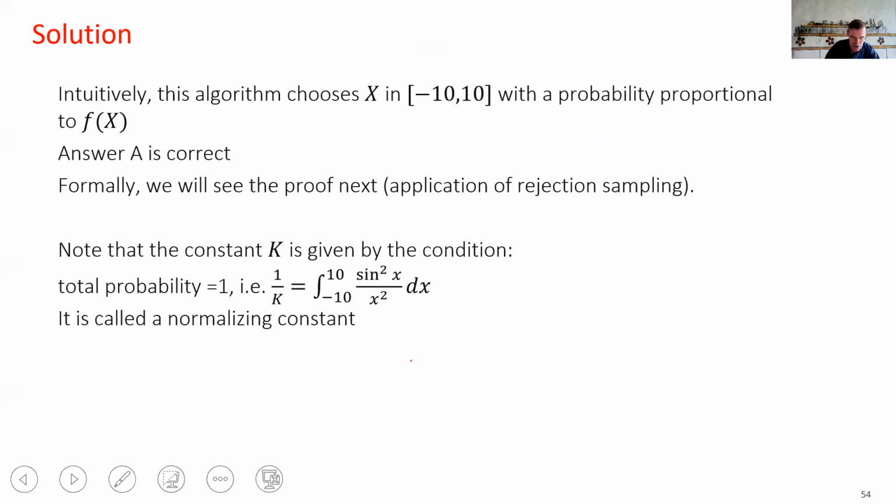In fact, this is an application of rejection sampling. The first thing to observe is that in this method, the normalizing constant, in this case, is given by this formula here, which is the integral of the PDF I gave here. The interesting thing is that with this method, we don't need to know the constant to sample from the distribution.